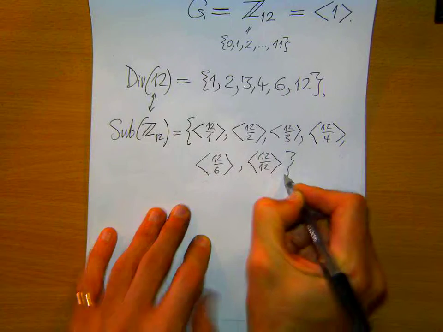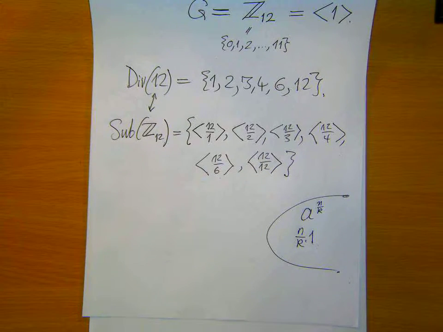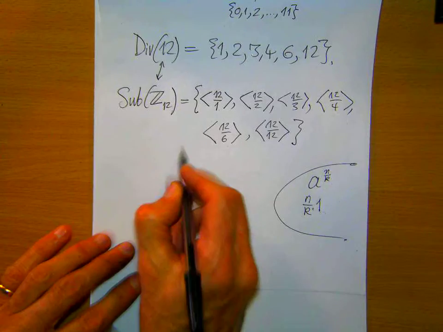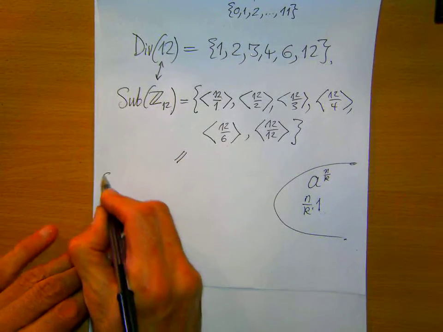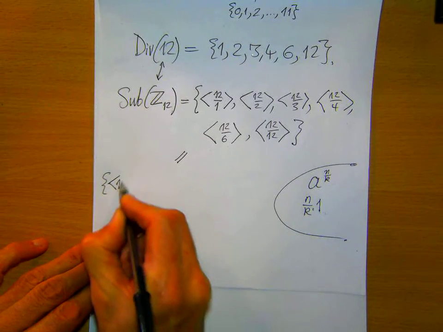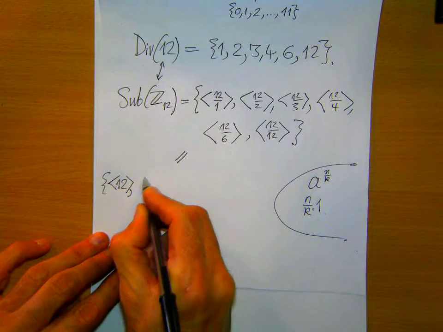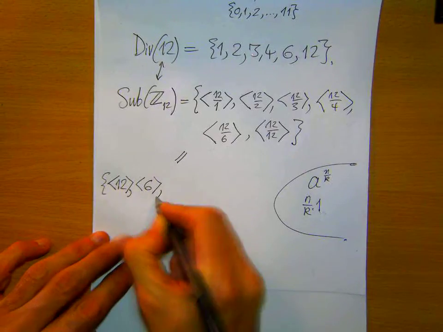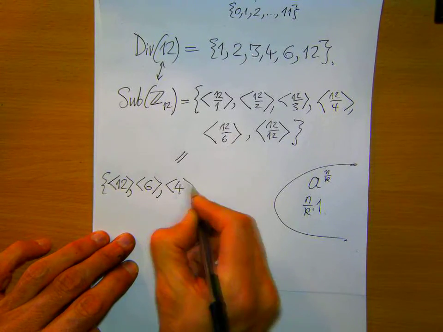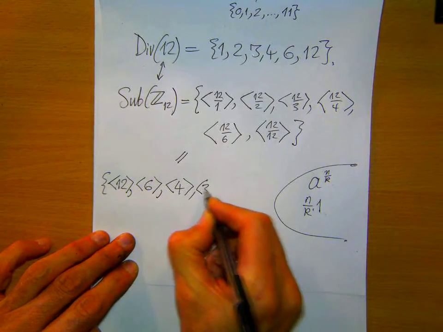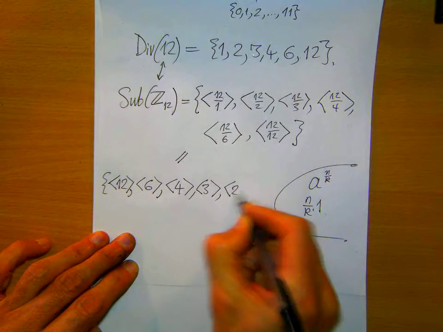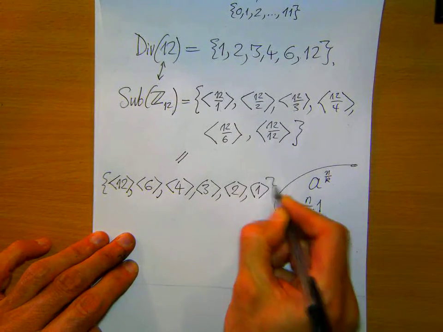Those are all our subgroups of Z12, and they're all different. In fact, what are these? Subgroup generated by 12, subgroup generated by 6, subgroup generated by 4, subgroup generated by 3, subgroup generated by 2, and the subgroup generated by 1.